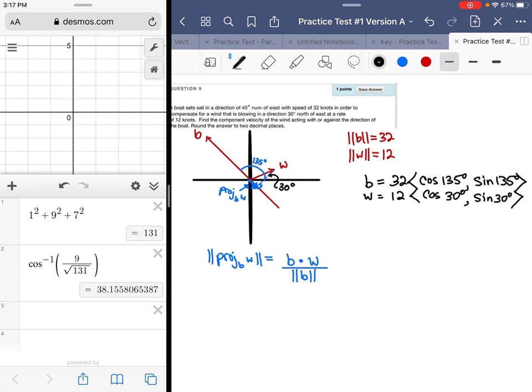All right, so if we dot these two together, B dot W: 32 cosine 135 times 12 cosine 30, plus 32 sine of 135 times 12 sine of 30. Oops, apologies, I knew I missed something.